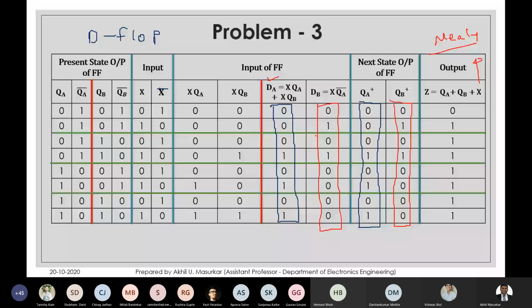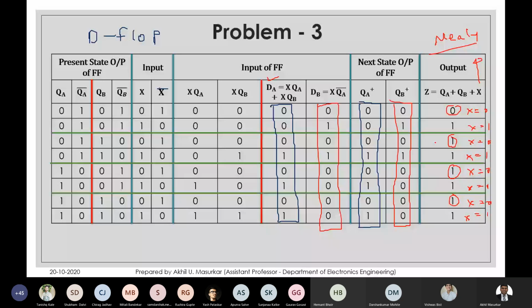So this is the output when x equal to 0. And these are the outputs when x equal to 1. So I'm just circling the ones which are for 0. These are the outputs when x equal to 0, and the other outputs are for x equal to 1.